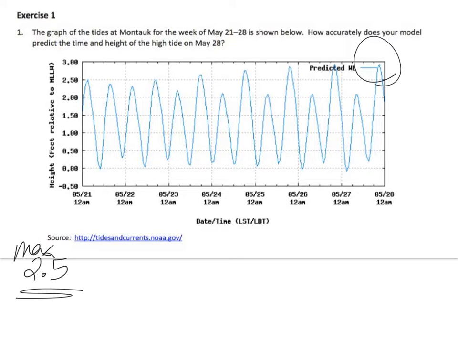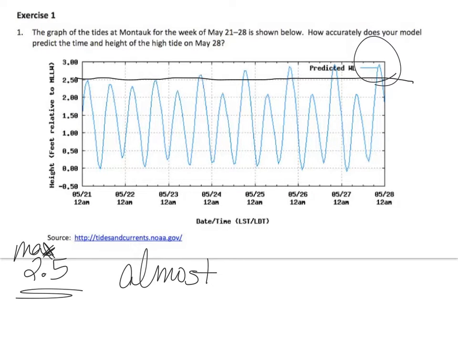That's because our amplitude was 1.25 from the midline, so that's our maximum. So this right here should be our maximum that we calculated from the previous stuff. We're a little above maximum, at almost 3 feet. So we're off by about 6 inches, which is actually a lot.